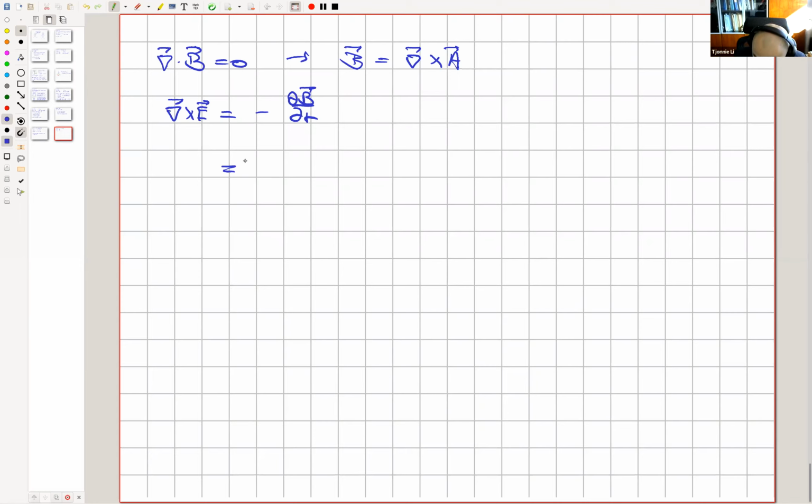So here, what we have is the time derivative of the curl of A. Now again, I switch the order of these two, so here's the negative of the curl of the time derivative of A.